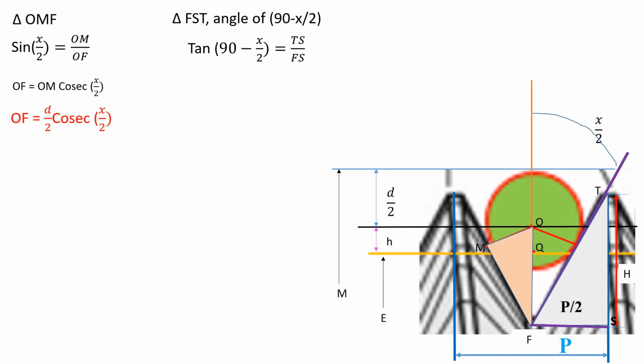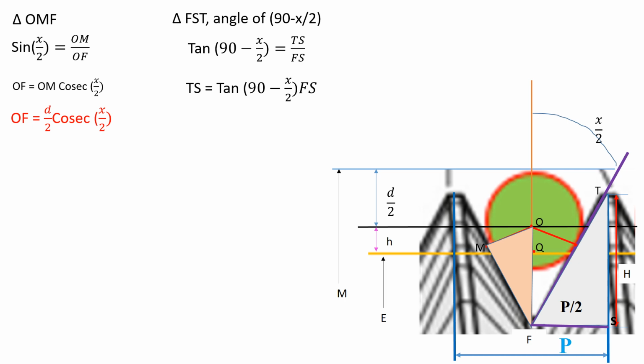So from this triangle we write tan of 90 minus x by 2 equals TS divided by FS. Then TS becomes FS into tan of 90 minus x by 2.